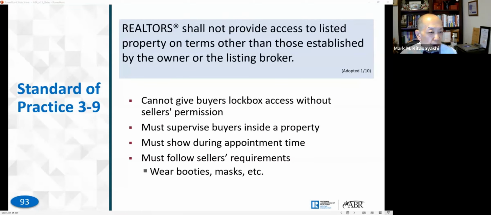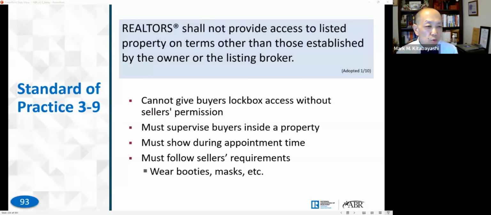So if you're working as a buyer broker, you must follow what the seller wants you to do. You cannot give up lockbox access, or you must supervise the buyer inside the property, and must show during the appointment time. You must follow the seller's requirements. Take your shoes off, wear a mask during COVID, or whatever it might be.